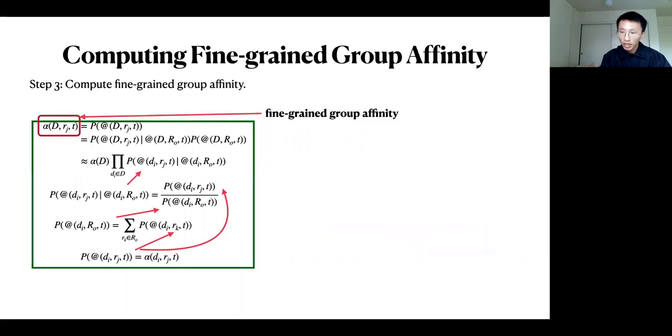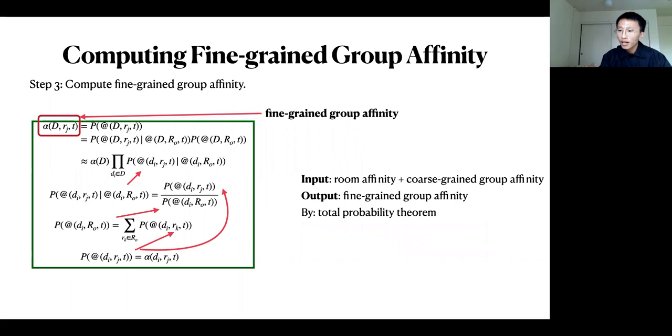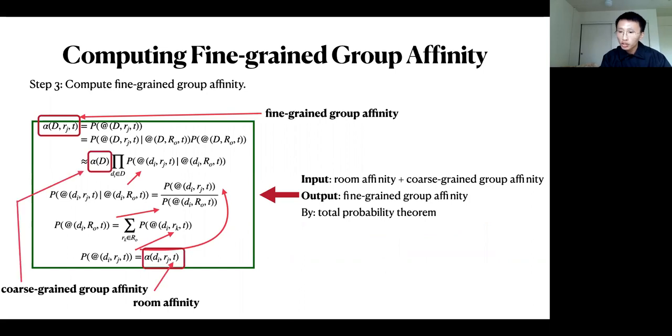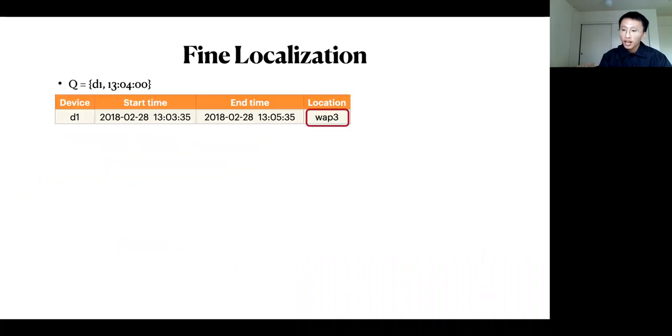Otherwise, we can compute the fine-grained group affinity using the room affinity and the coarse-grained group affinity we computed before, by applying the total probability theorem. So far, we have computed all the affinities.